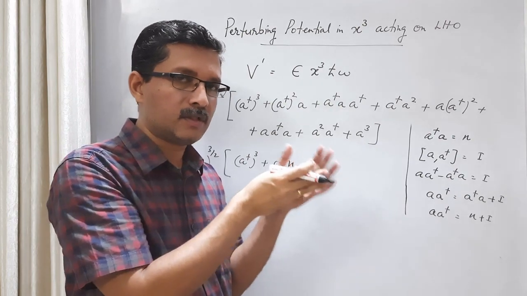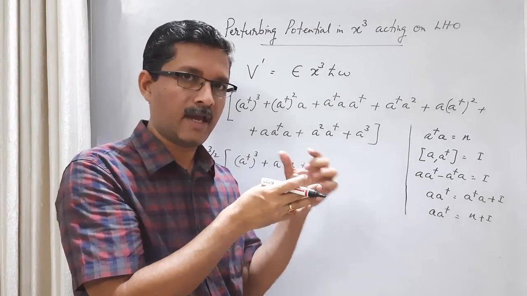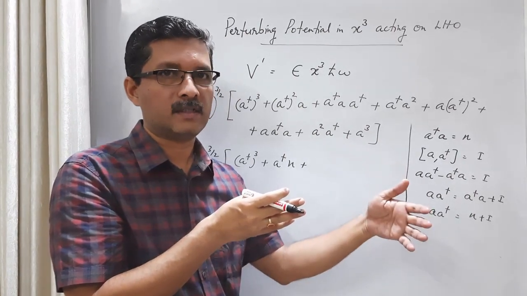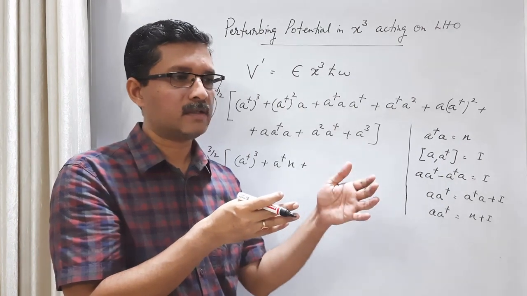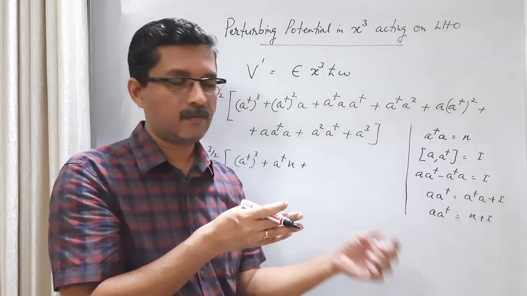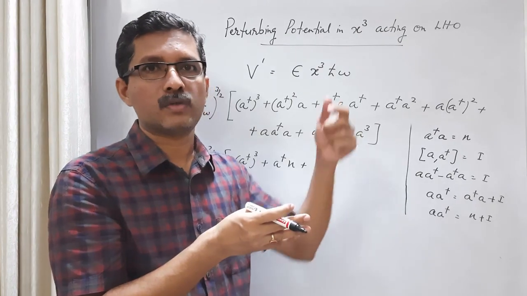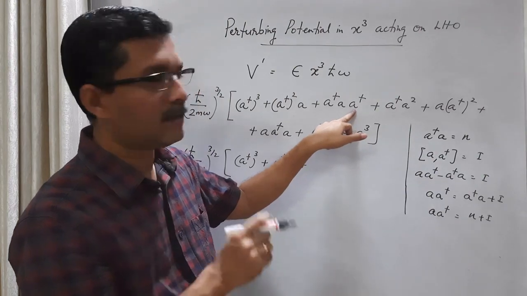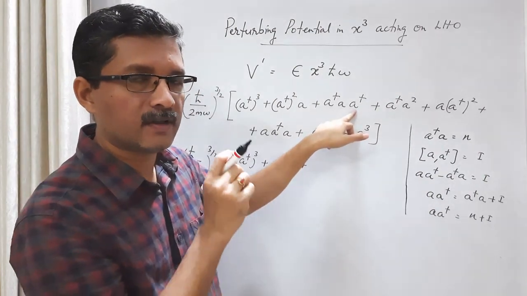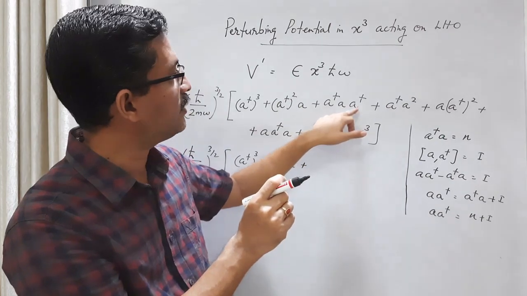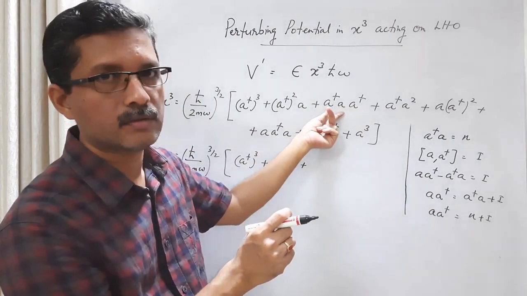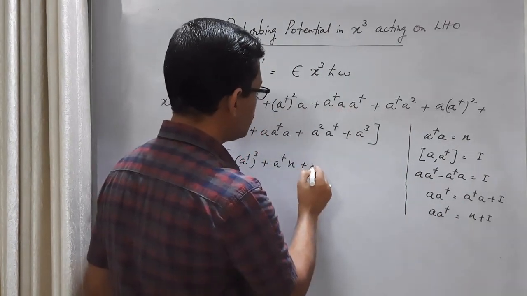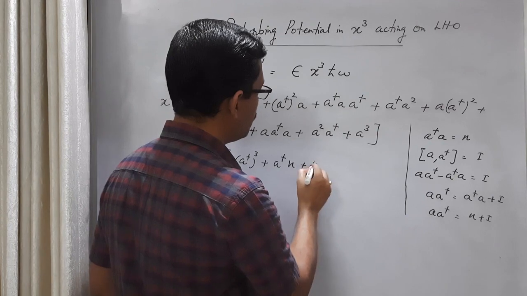So it is better to keep the creation and annihilation operators to the right end, because we know the operation of a and a dagger on ket n. When a acts on ket n, it goes to ket n minus 1. When a dagger acts on ket n, it goes to ket n plus 1. So we know this action. Therefore, I will keep this a dagger on the right. Whenever there is an a or a dagger on the right end, I will keep it like that, and I will combine these two. So a dagger a is equal to n. So there is an n.